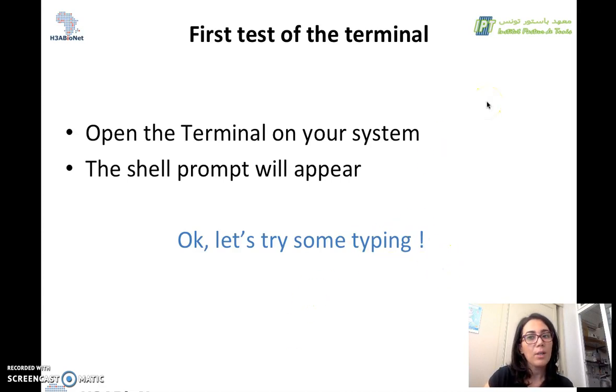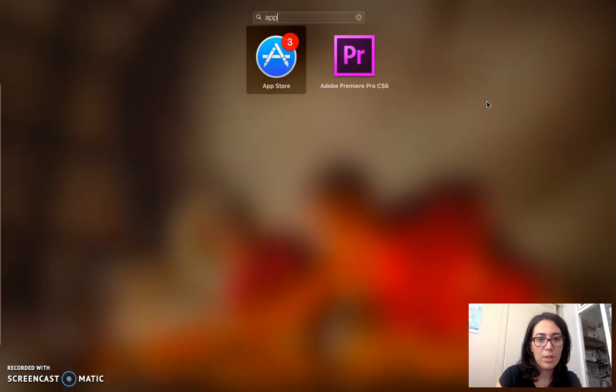If you are a Windows user, you should have Cygwin installed in your machine. You can open the terminal either by double-clicking on the shortcut that is on your desktop or from the applications menu as well. So I'm going to open the terminal from my applications.